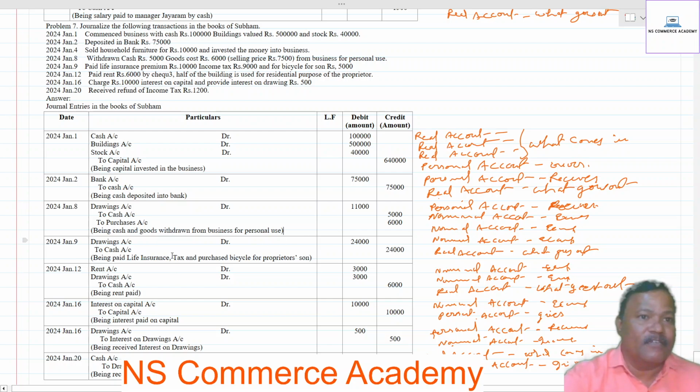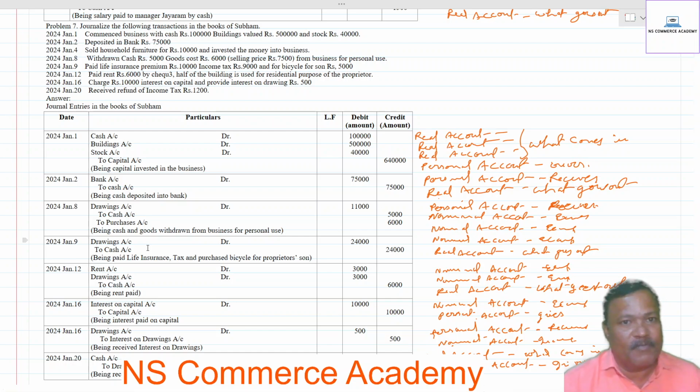Next, on January 9th, 2024, paid life insurance premium rupees 10,000, income tax 9,000, and for a bicycle for son 5,000. So in this transaction, life insurance premium 10,000, income tax 9,000 and bicycle are treated as personal expenses of Shubham.